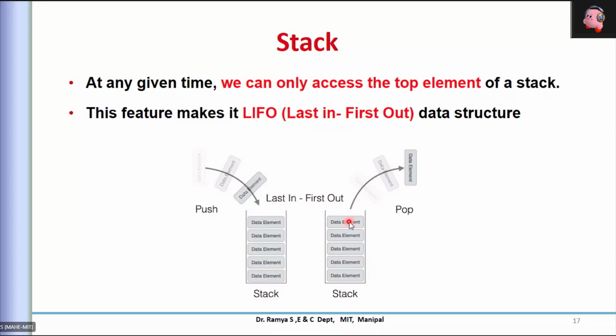You might have heard of first in first out, but in this case it is last in first out. Whichever is at the top will be taken out first. Remember these two points: I can access only the top element, the last one that was put in, and we can't access the nth element here.